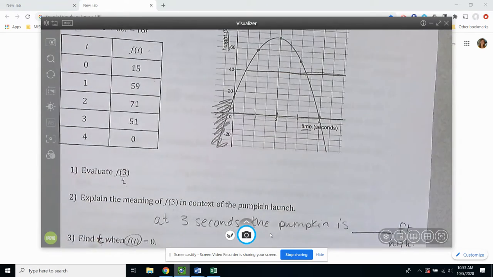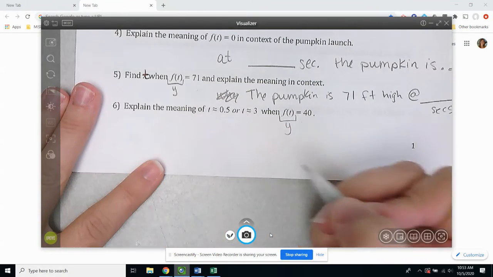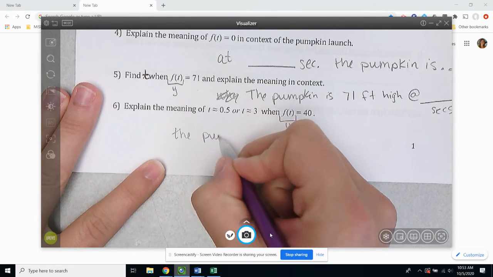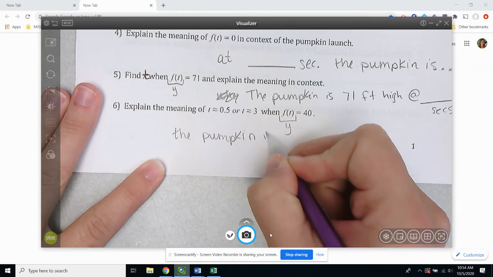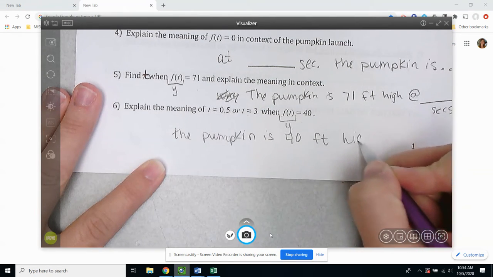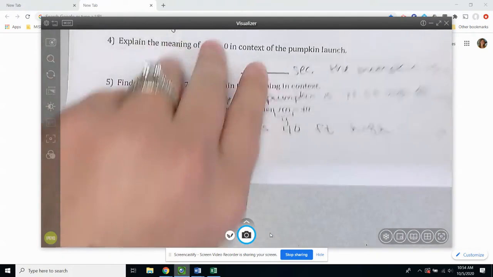So it's asking you to explain the meaning. So again, fill in the blanks. The pumpkin is 40 feet high. And I'm going to let you fill in the rest of that. All right, page 2.